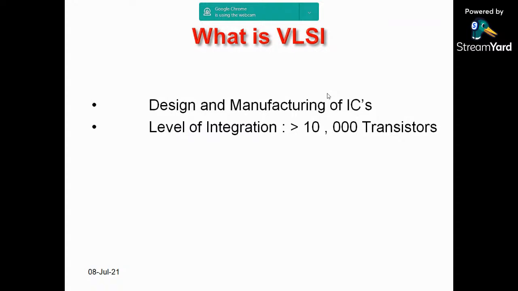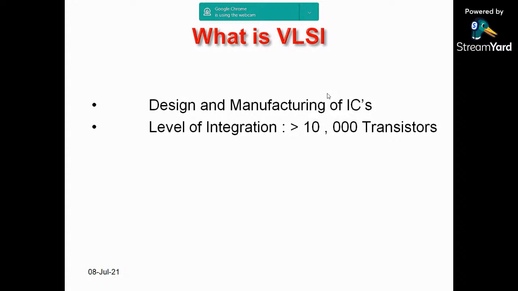Right. Since I use the word VLSI, you should know what VLSI is. I talked about integrated circuit, right? Integrated circuit is bringing all the transistors and physical components like resistor and capacitor, being fabricated in a common silicon wafer. So when I talk about VLSI, it's nothing but the level of integration. The level of integration is more than 10,000 transistors in an IC.